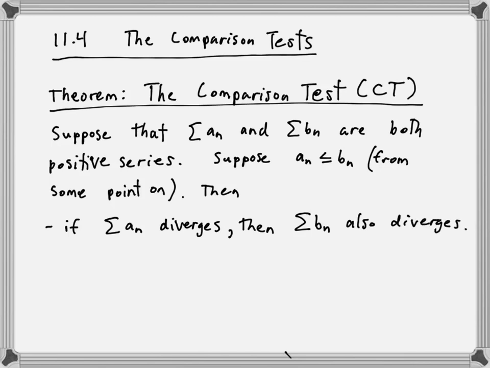Okay, that's the first thing. Before I write down the second conclusion here, let's think about this. Remember, a_n is the smaller series here. So what we're saying is if the smaller series diverges, then the bigger series also diverges.